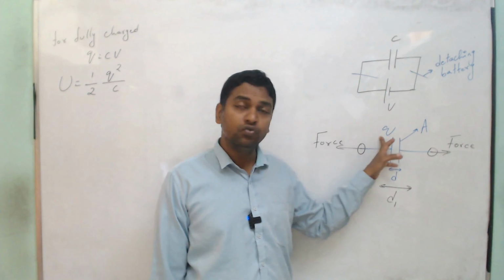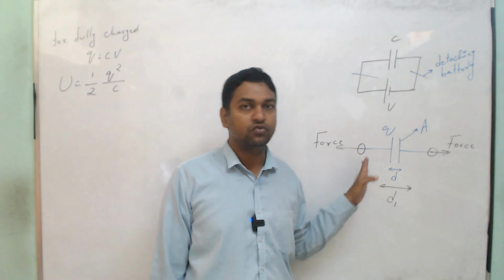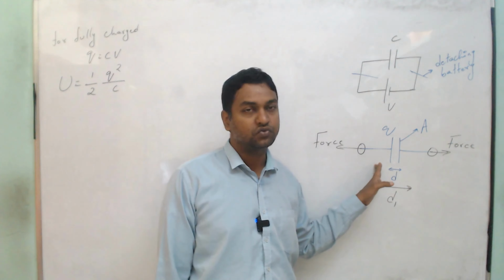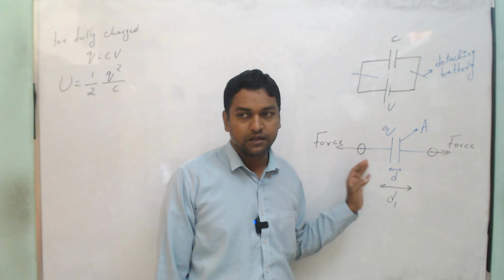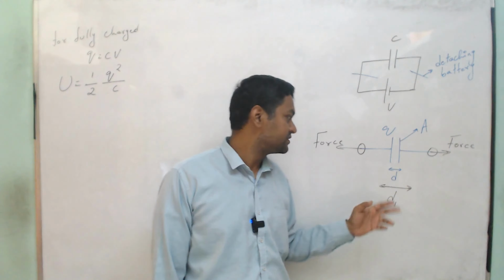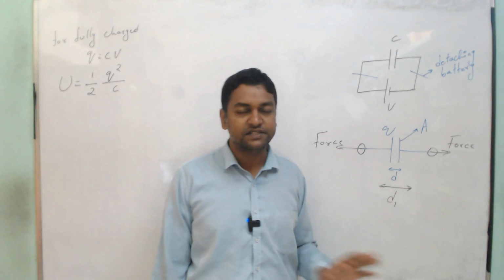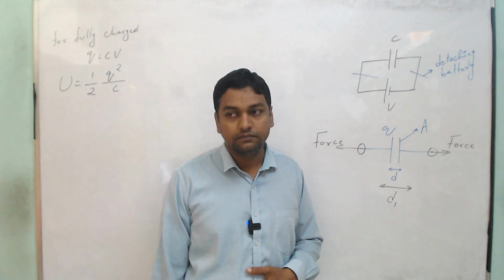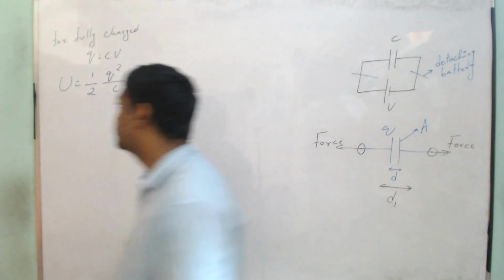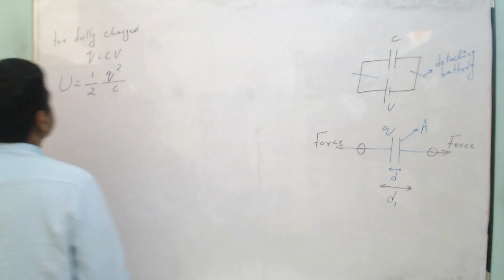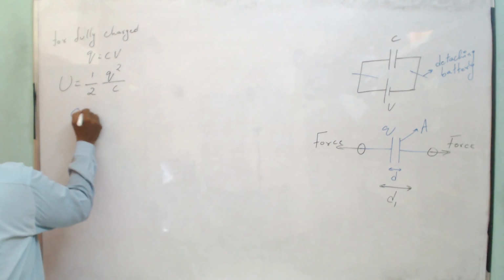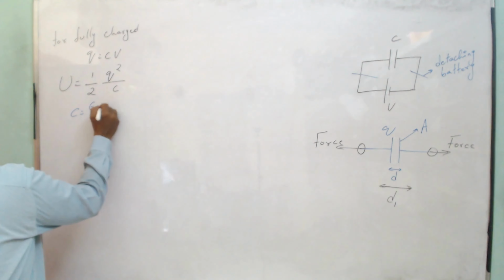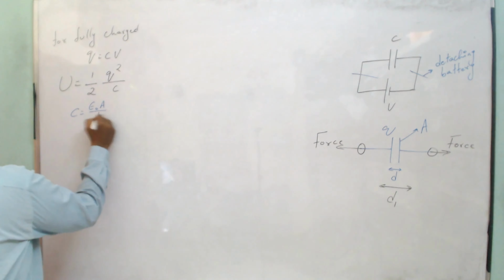But Q, I know the charge on the capacitor is Q. And I can talk of capacitance because I'm talking of area and distance between the plates. Now, what is capacitance? Capacitance is epsilon naught A by D. Correct?